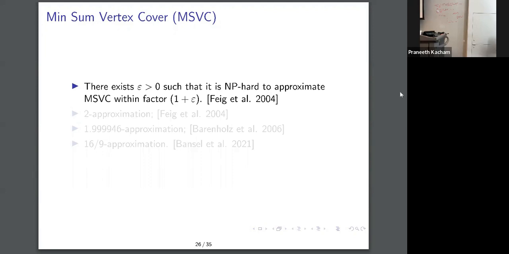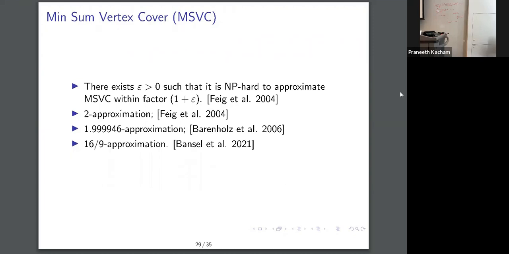So the minimum sum vertex cover, that is for the min case, is shown to not have a PTAS. Its best approximation was a 2-factor or close to 2 since the early 2000s. And we recently improved it with Nikhil Bansal and Jatin Matra and Prasad Tatali to 16/9.